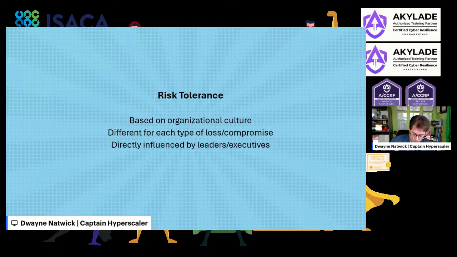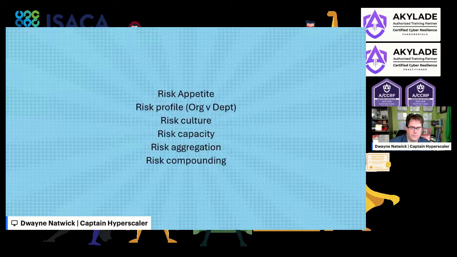Now, this is different based on each of the risks that we're evaluating, and based on the organization's perspective and culture and influence from the leaders, it could be different. And we need to make sure, as a risk management practitioner, that we are aligned with that and understand that.